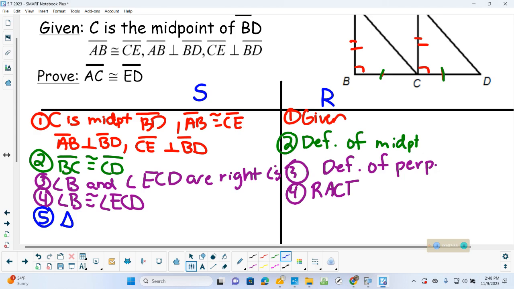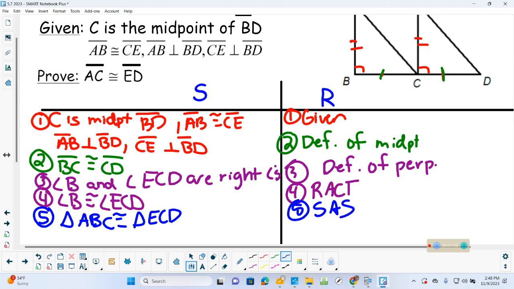I'm going to call the left one ABC, triangle ABC. Now you might have scrambled that in a different order, which is fine, but we have to keep the corresponding pieces together. I started at the top, I went ABC. So what do I need to use for the right triangle? ECD. And that was our side angle side.